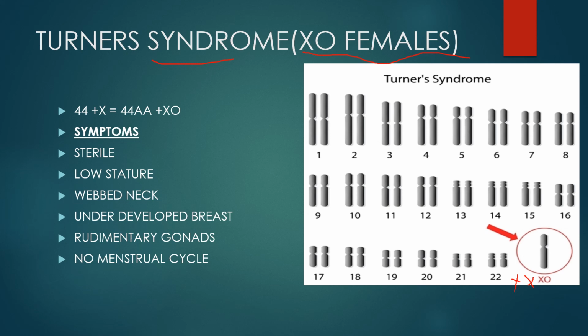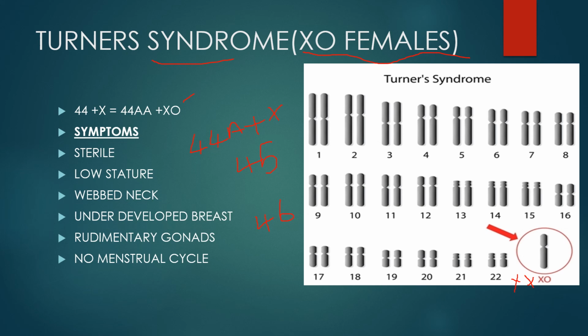We call them XO females. How many chromosomes do they have? 44 autosomes as usual, plus only 1 X chromosome. That makes 45. They have 45 chromosomes instead of the normal 46.